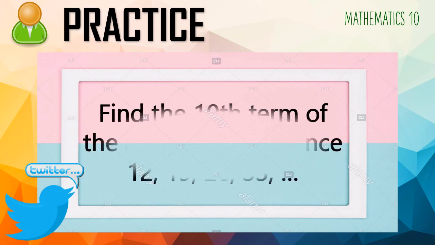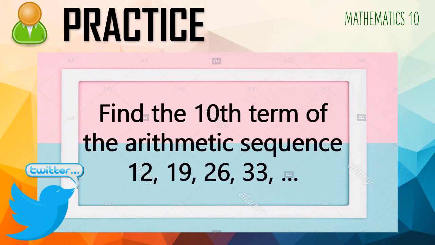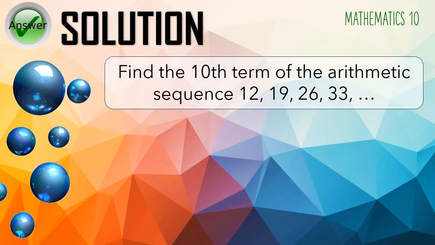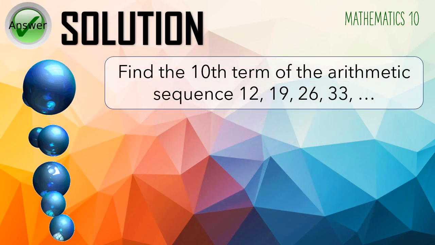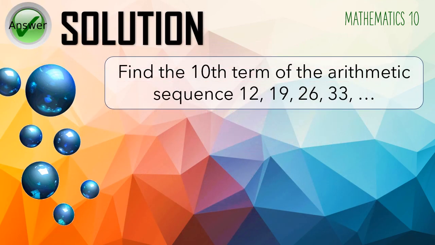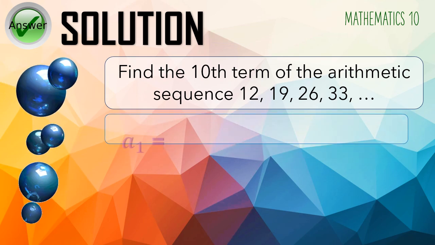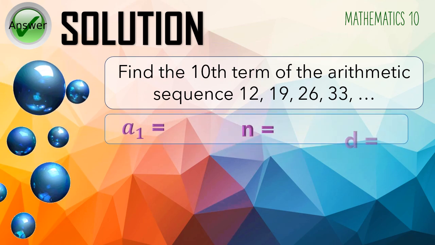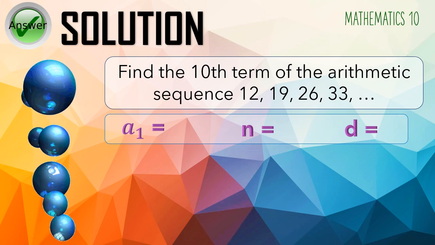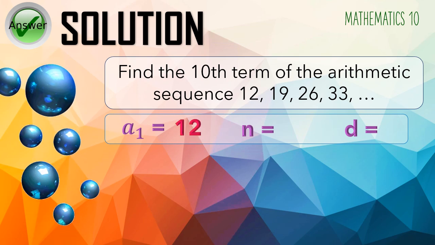Okay, for your practice exercise, find the 10th term of this given arithmetic sequence. So here's the solution for your practice exercise. Sort the necessary data, a sub 1, n, and then d. So we have a sub 1 is 12.